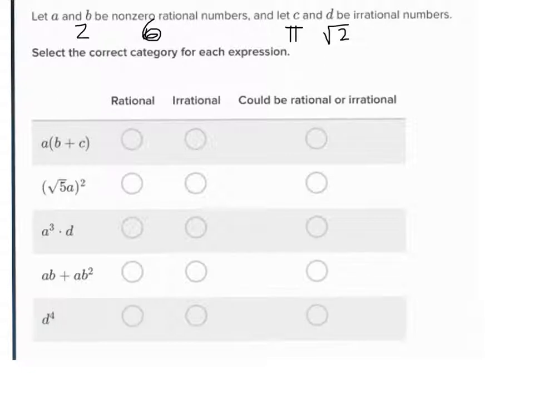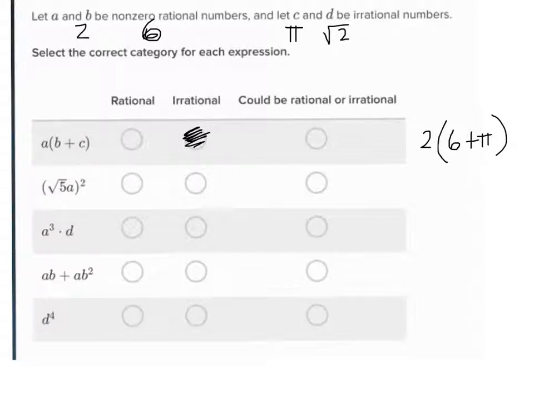So let's say A was 2, B was 6, and C is pi. Okay, well, if I have 6 plus pi times 2, that's irrational. But now let's think, is there a way that I could ever make that rational? I don't think so. And so that's going to be irrational.